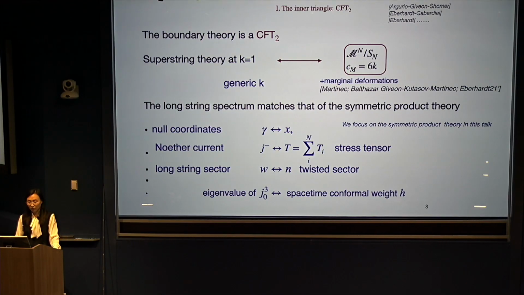In particular, w equals 1 in the bulk corresponds to the untwisted sector. And so if we consider this spectrum and then consider this SL2, the eigenvalue of the J3 is roughly matched to the space-time conformal weight in the dual field theory. So that's the starting point.